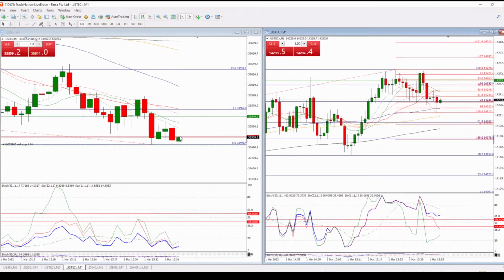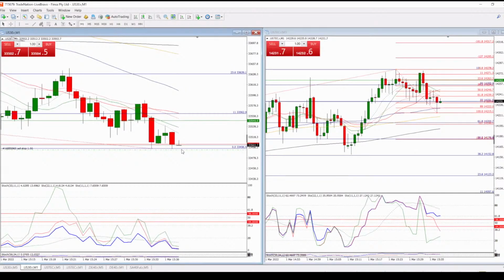Let's see if this new 5-minute candle will give us that push. Just going to start modifying it.